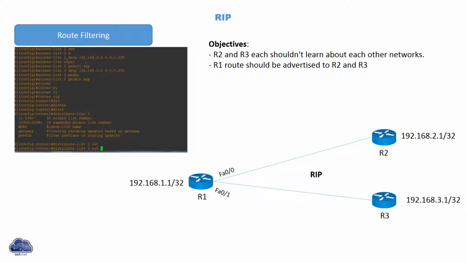It should deny network 192.168.2.0. We need to filter that out from leaving interface FastEthernet. It should be 0/ let me review that.